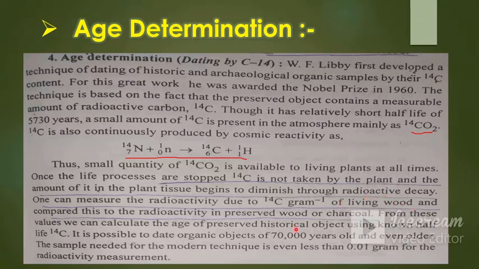From these values, we can calculate the age of the preserved historical object using the known half-life of C14. It is possible to date organic objects of 70,000 years old and even older. The sample needed for the modern technique is even less than 0.01 gram for the radioactivity measurement.